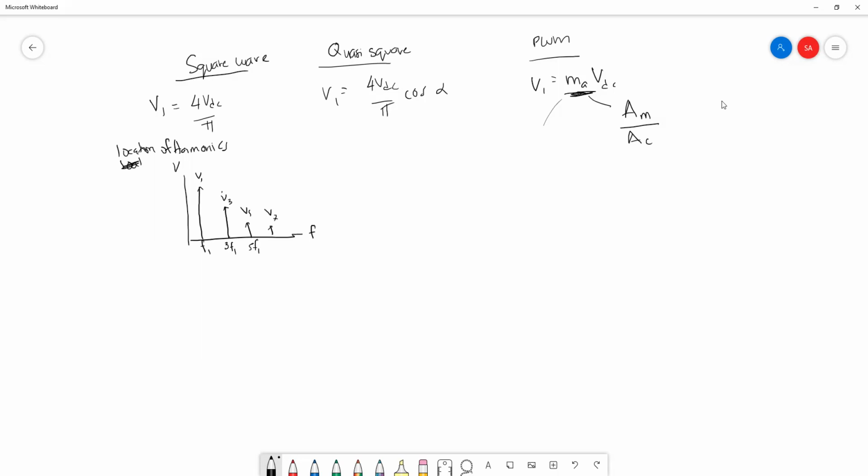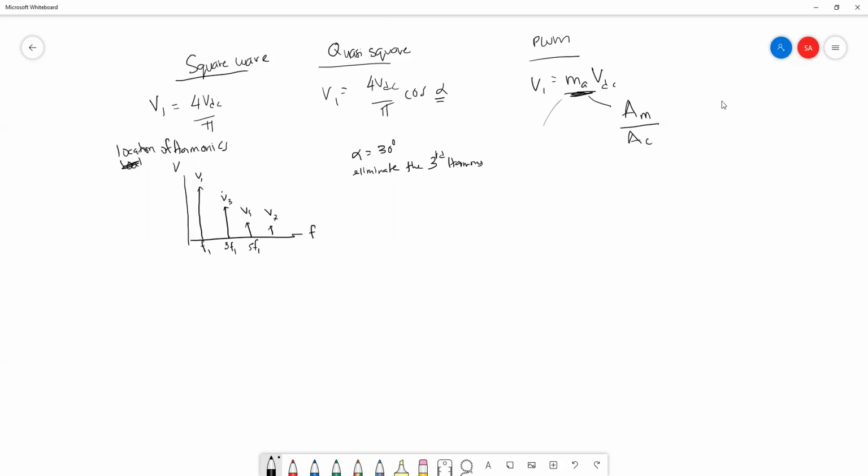For the quasi square wave, depending on the value that you choose, for example alpha equal to 30 degrees, we eliminate the third harmonic.